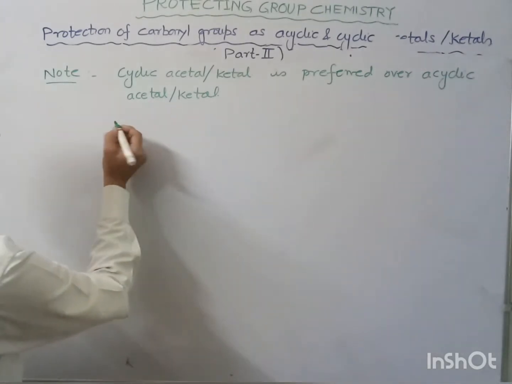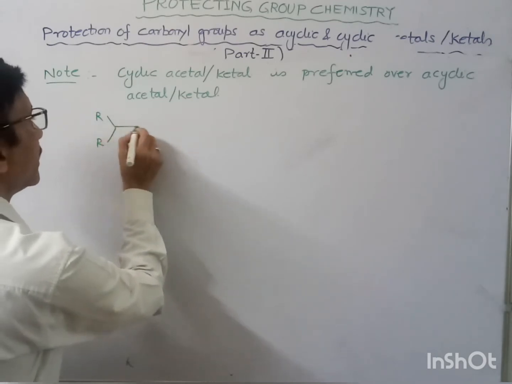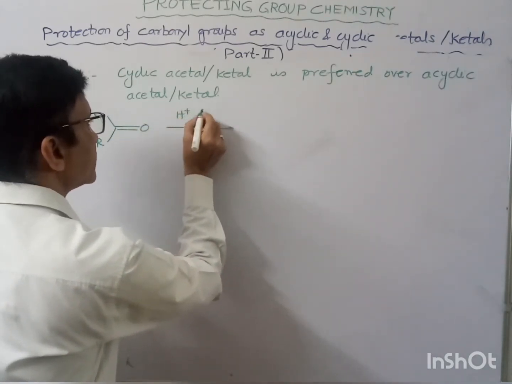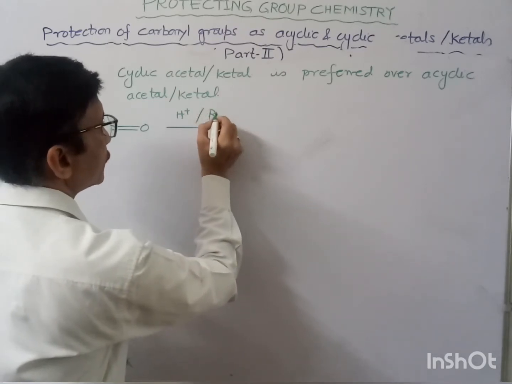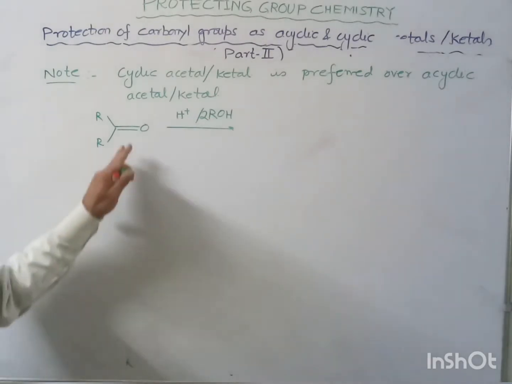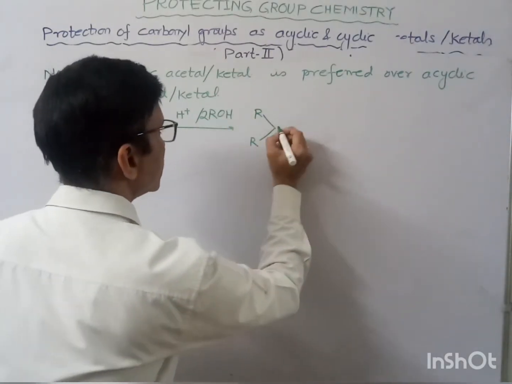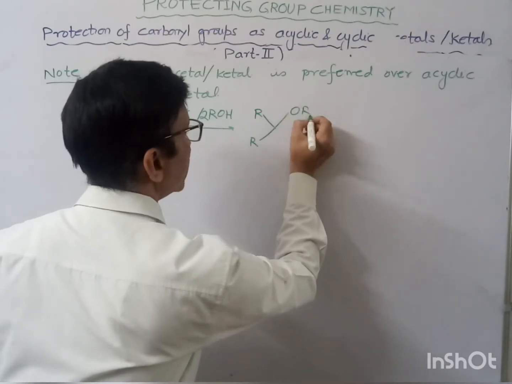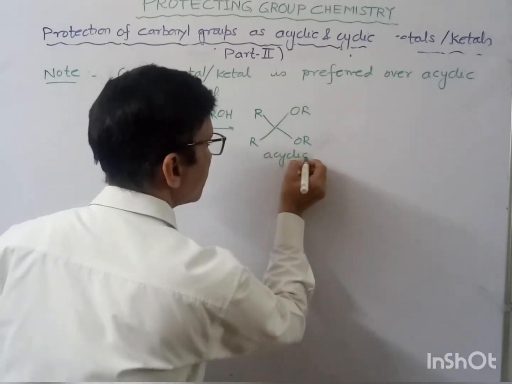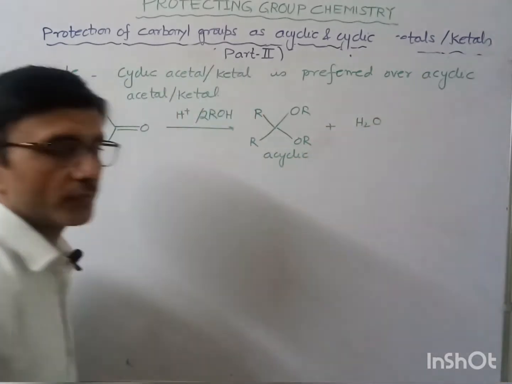Suppose we have the carbonyl compound in the presence of an acid catalyst, and suppose we have two molecules of alcohol, then that will form an acyclic acetal or ketal, plus one molecule of water is removed.